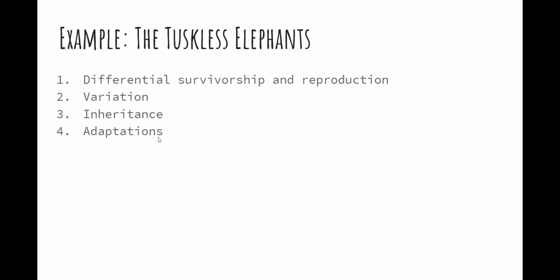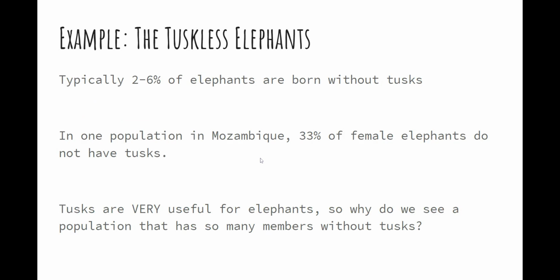So not having tusks seems on the surface not to be a good adaptation, but for that particular environment, it was crucial because they weren't being hunted for their ivory. So in that population, the reason that the elephants don't have tusks is because of humans.